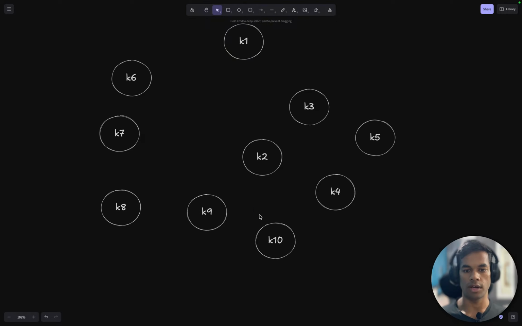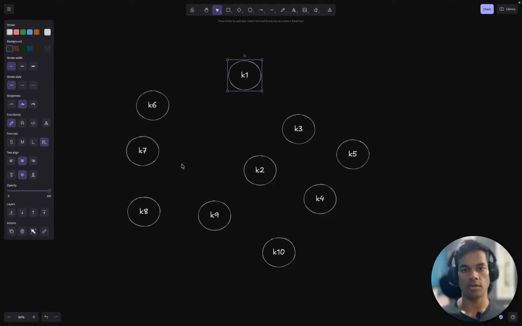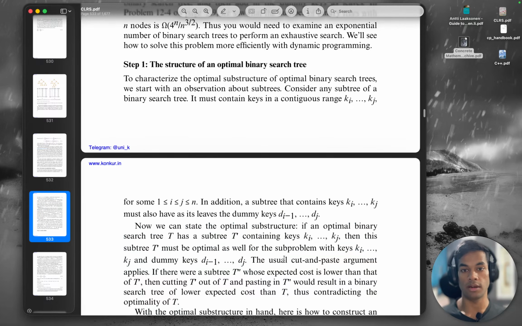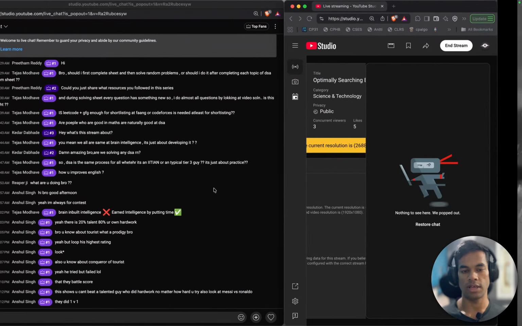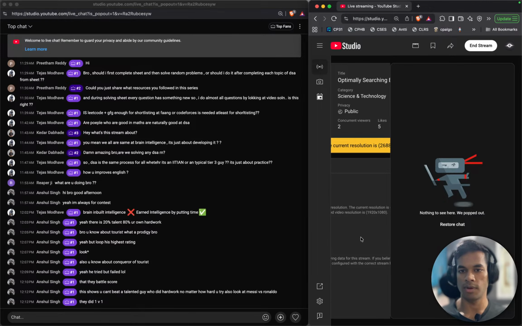Now, this is what we have. Can I arrange this in a way in which a subtree does not have contiguous keys? And it would be nice to know that if we could.